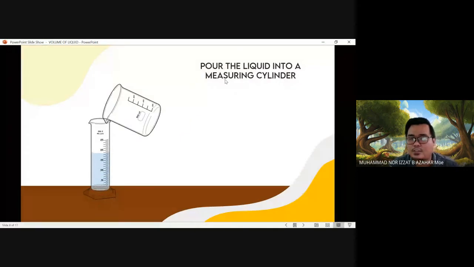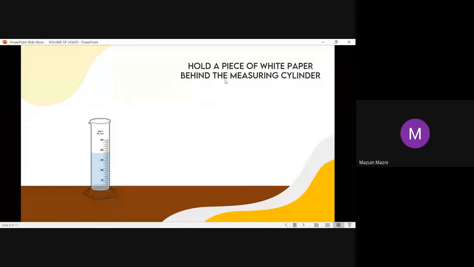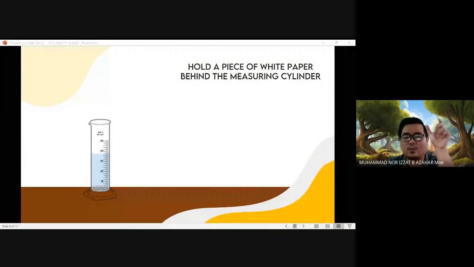Okay. So after that, hold a piece of white paper behind the measuring cylinder. Kenapa kita kena letakkan paper di sebalik measuring cylinder? Because measuring cylinder is a transparent object. Still remember transparent object? Apa maksud transparent? Light goes through. Very good. The light goes through.